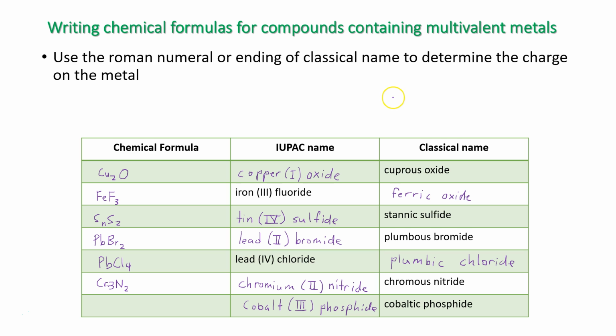So let's write that: Co and P. Since cobalt has a +3 charge and phosphorus has a -3 charge, we're just going to have CoP. The cobalt has a +3 charge and phosphorus has a -3 charge.